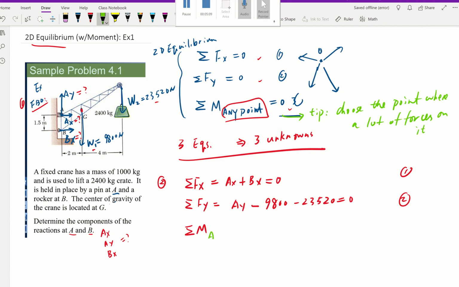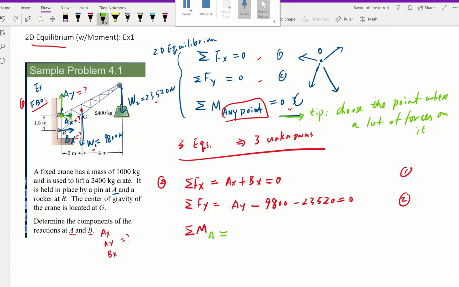For this example it would be A, because AX and AY, there are two forces, right? Why do we choose that instead of B and G, for example? Because in our moment equation, AX and AY go through point A, so the moment of these forces rotating about A will be 0, because the moment arm is 0.